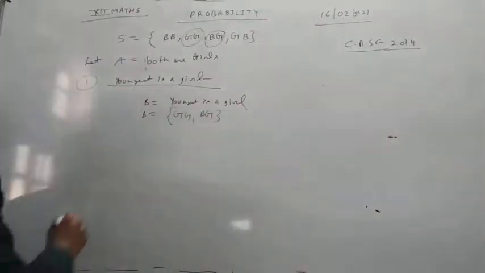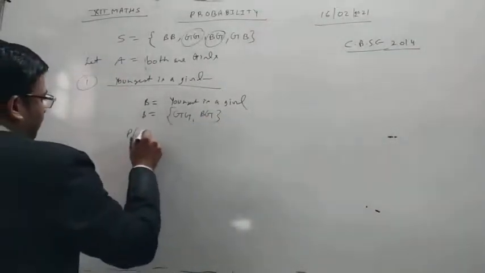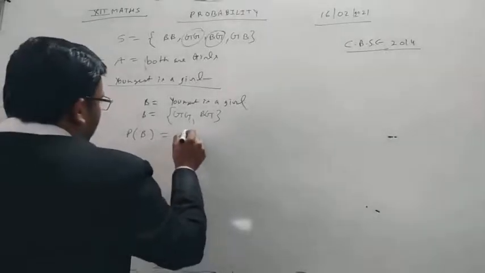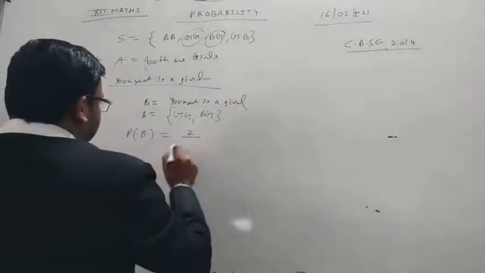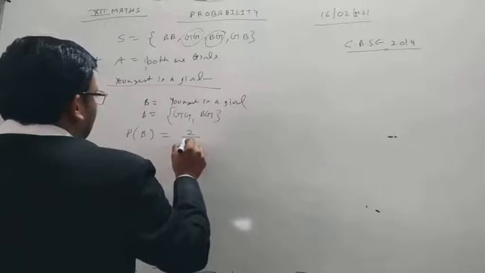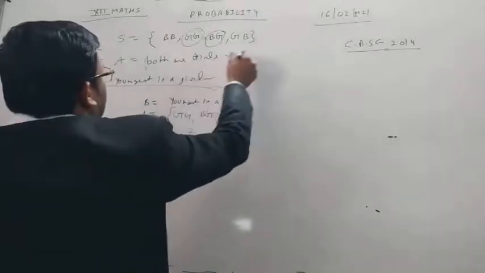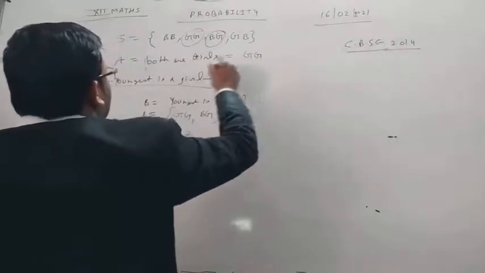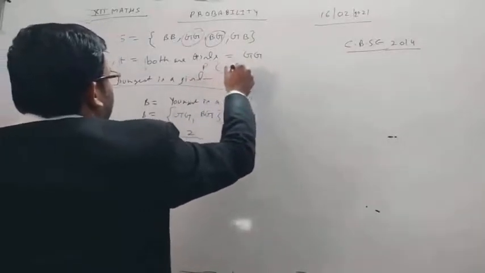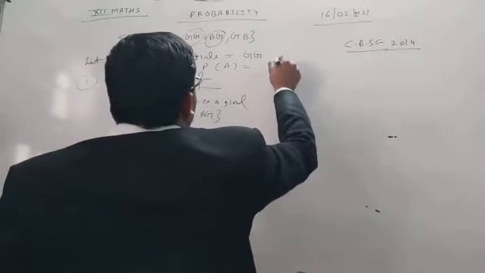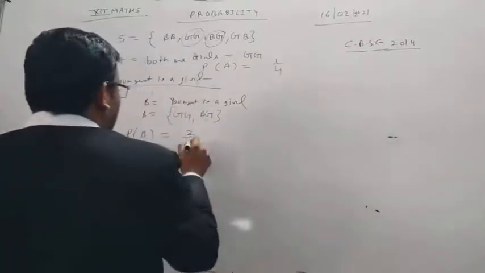Okay students, so the probability of B is 2 by 4, and our A is both are girls, meaning GG. So the probability of A is 1 by 4, and here 2 by 4.